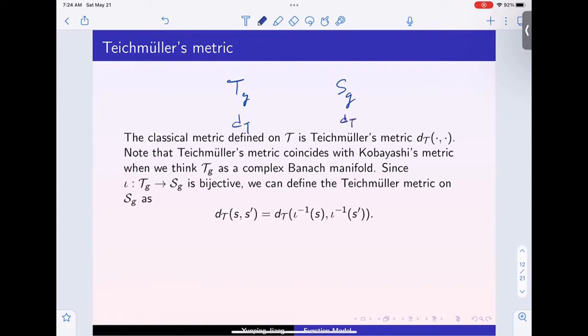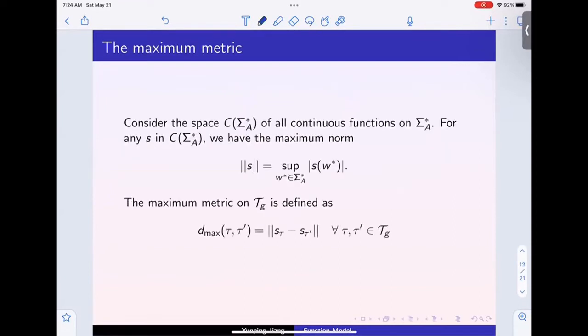But another important thing for the function space is this: consider all the continuous functions on sigma A. As we know, sigma A is a compact metric space, so every function has a maximum norm; you take the maximum value of the function.